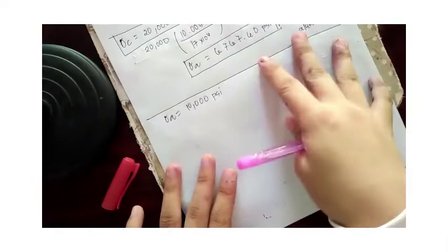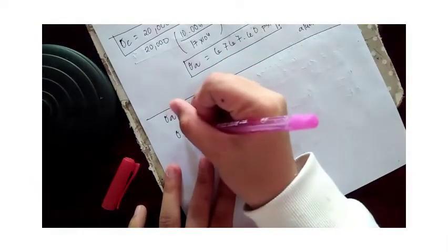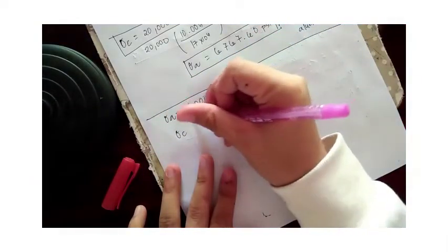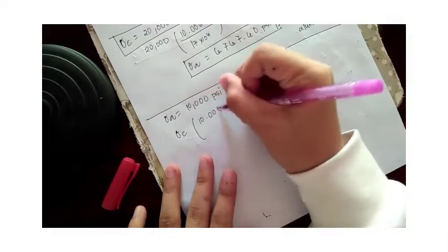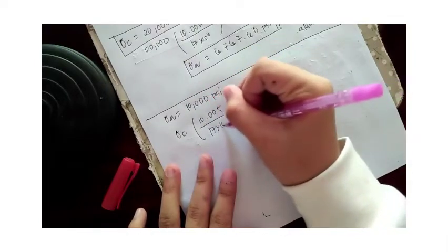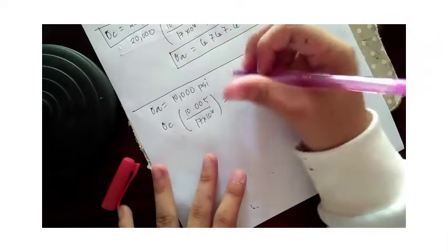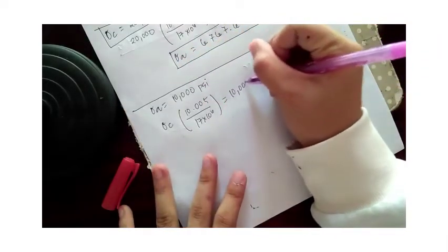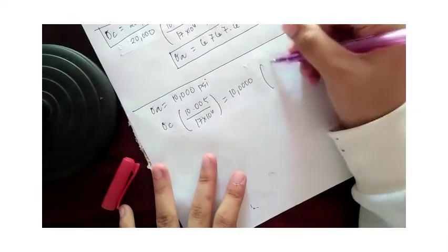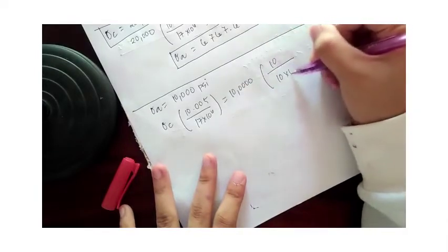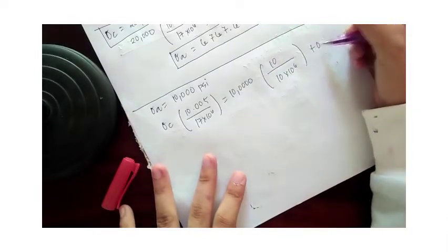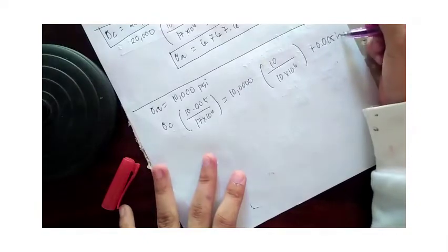Then, substitute natin, stress of copper, then 10.005, 17 times 10 raised to 6, then stress of aluminum, 10,000 PSI, times natin siya sa 10 over 10 times 10 raised to 6 plus 0.005 inches.